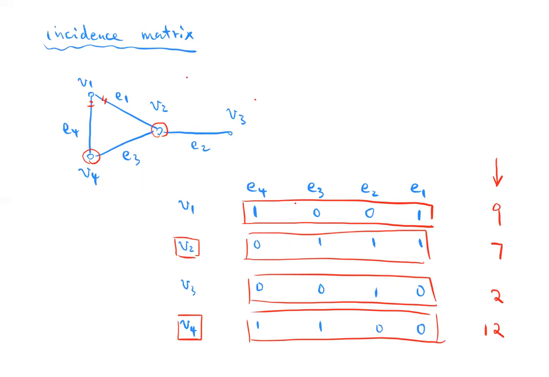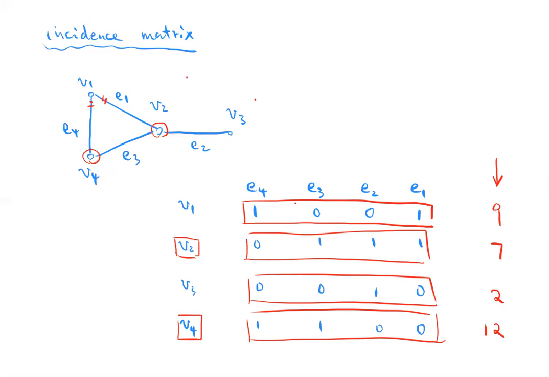So if you look at the second row for V2, the edges with 1 there, E1, E2, E3, are covered by V2. For V4, the edges with 1 there, E3 and E4, are covered by V4.